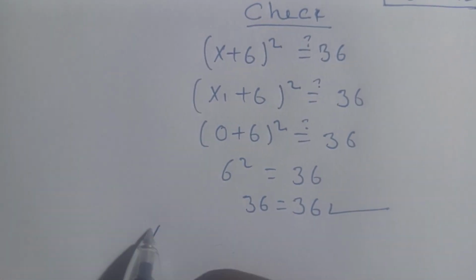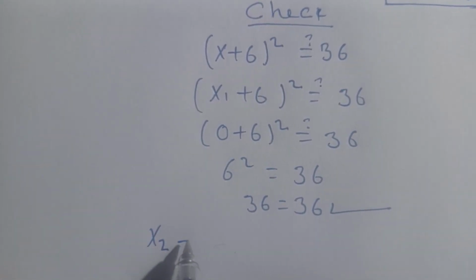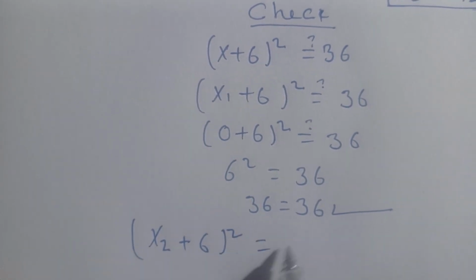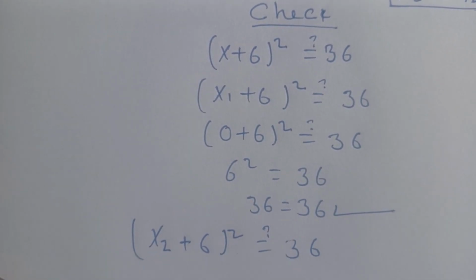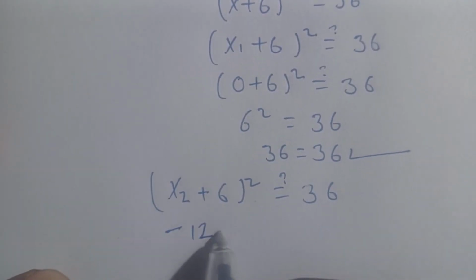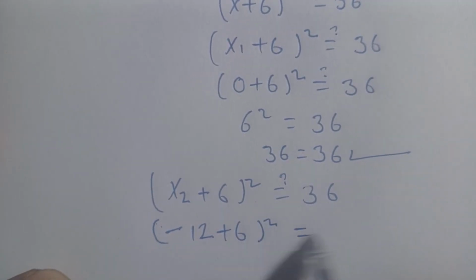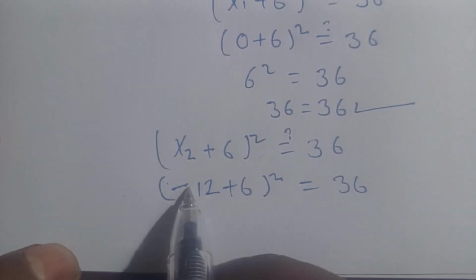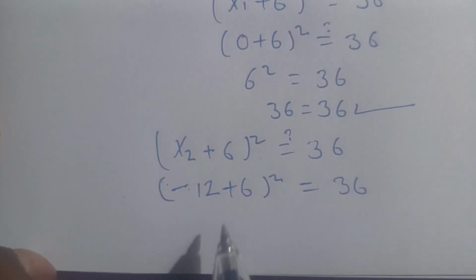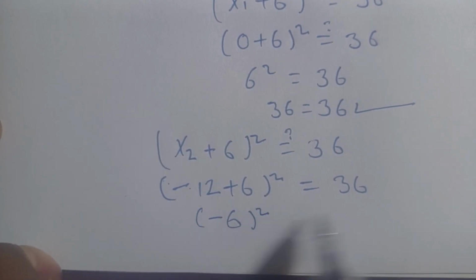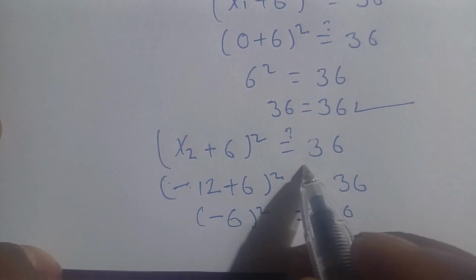And for x2 = -12: (-12 + 6)^2 = 36. This means (-6)^2 = 36.